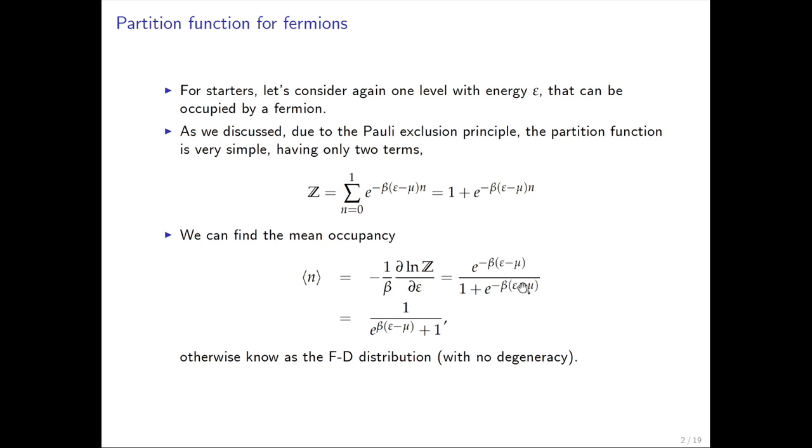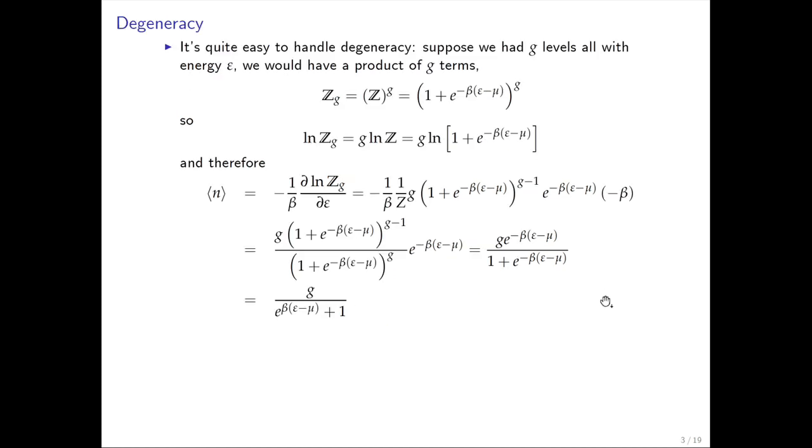We multiply the top and the bottom by e to the positive beta (epsilon minus mu), and we have this form, which you recognized before as the mean occupation number of this level. N in brackets we write it, here was the case of fermions, of course, with the plus sign. And it's also known as the Fermi-Dirac distribution. Okay, we had that last time.